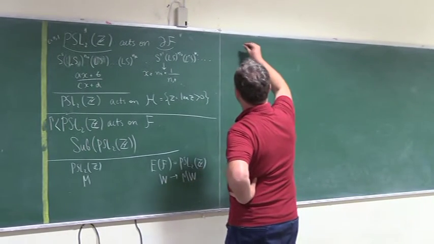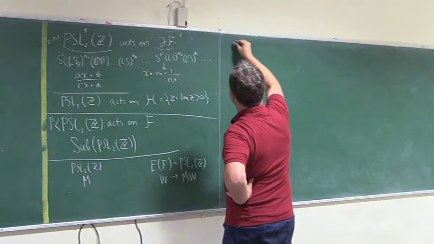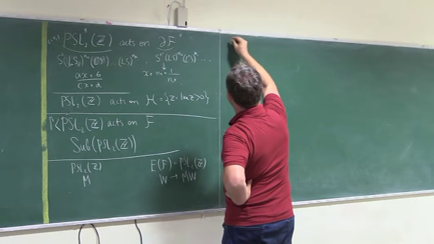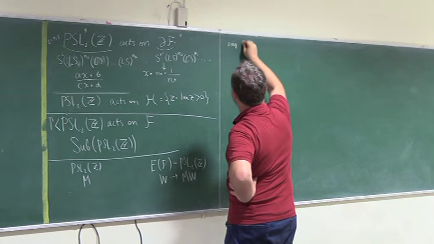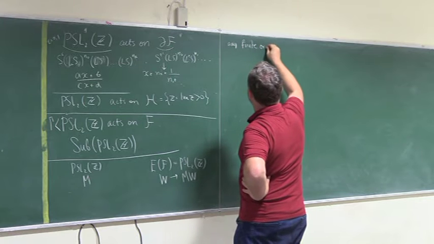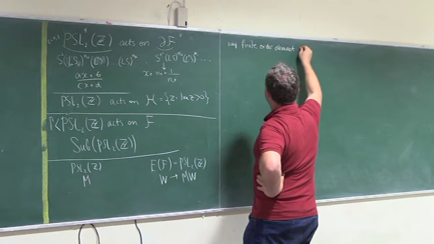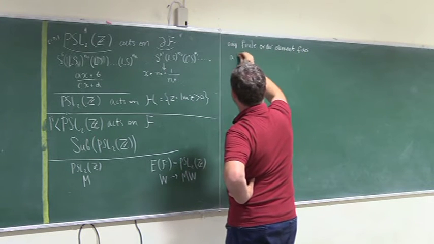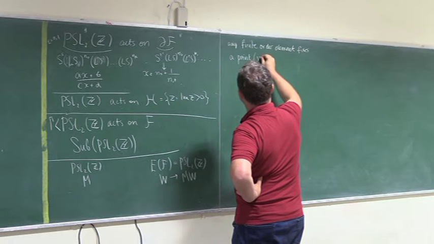As we have seen, S, for example, or more generally, any finite order element fixes a point, and by point I mean vertex of F.